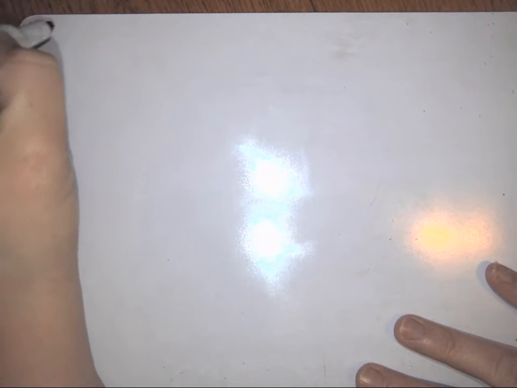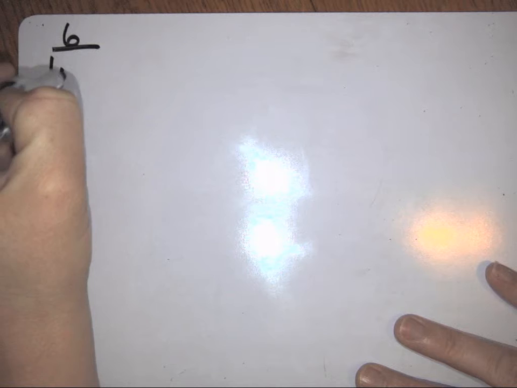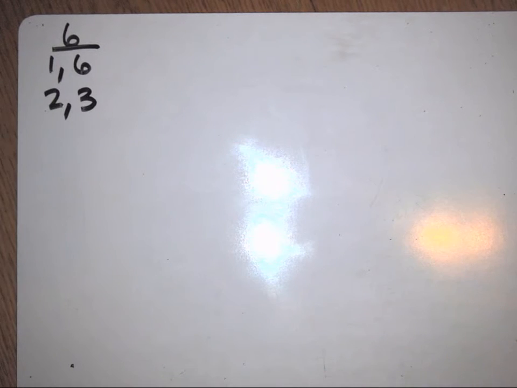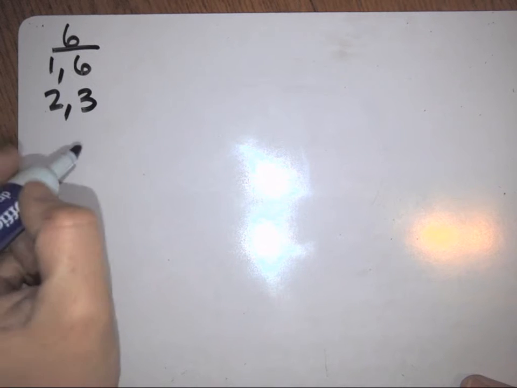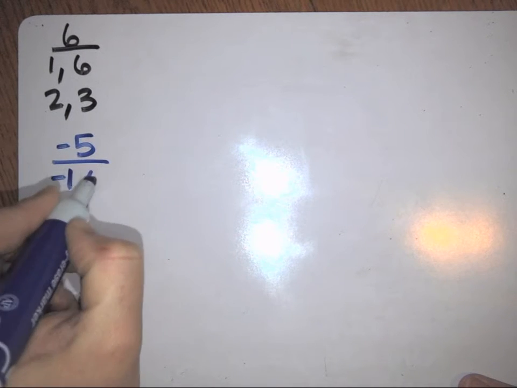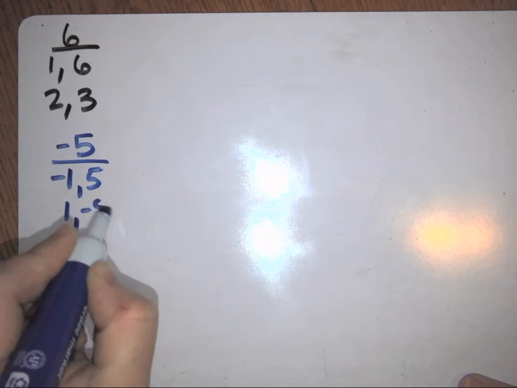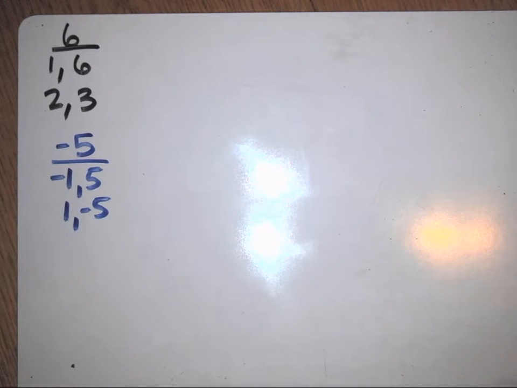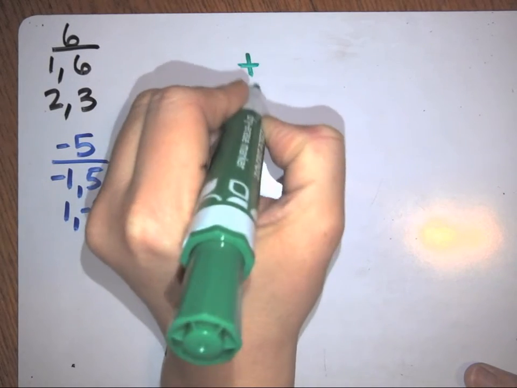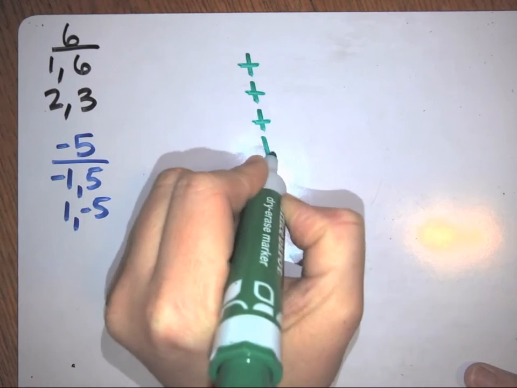So our factors of 6 were 1 and 6 and 2 and 3. I'm going to color code again. My factors of -5 were -1 and 5 and 1 and -5. So I will end up with quite a few additions.